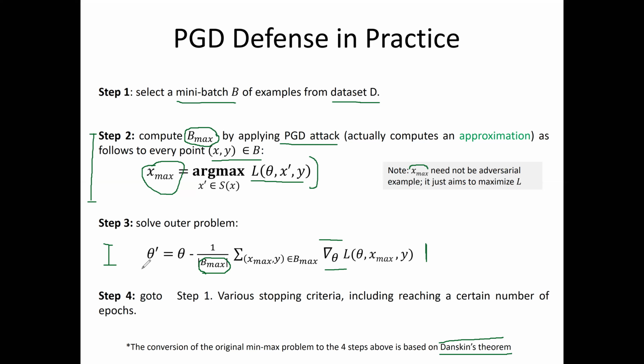We obtain the new weights, take the gradient step, and we continue back and do the standard training, but just this time with this B max instead of B. So this is the implementation of the PGD defense in practice.